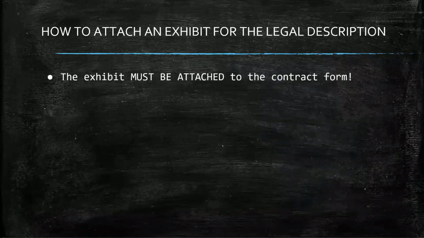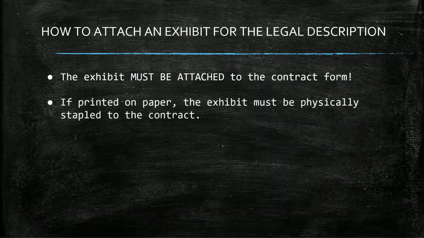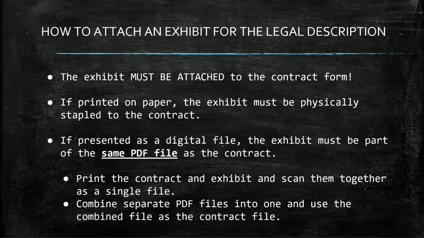When we are attaching extra pages to our contract, if we're talking about a printed document that's on paper, then the extra page has to be physically stapled to the contract. It has to be one document. If we're talking about a PDF file, that exhibit page must be part of the same PDF file as the contract itself.